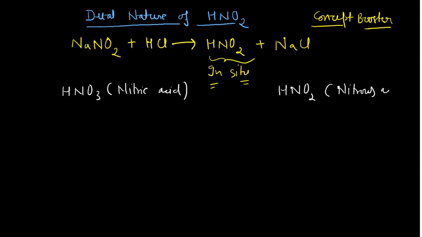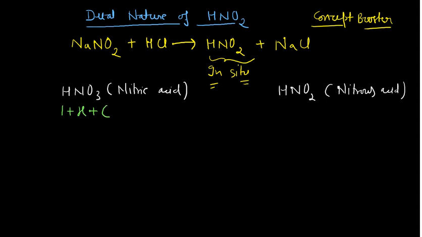First of all, you can check the oxidation state of these species. How can you calculate the oxidation state? I hope you know. Hydrogen is +1, for nitrogen you can put N or X, anything, in place of nitrogen.